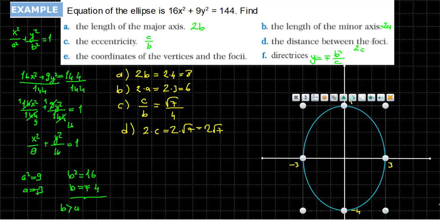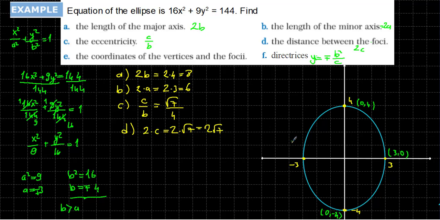The coordinates are here 0, 4, here 3, 0, here minus 4, 0, sorry, 0, minus 4, and here minus 3, 0.